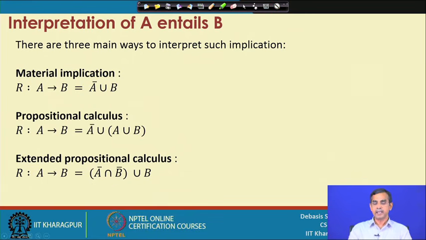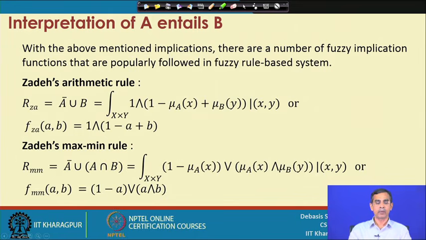Now, A-entails-B needs some more discussion about how these forms work for us. I will go one by one and discuss each of them. The first rule is called the Zadeh arithmetic rule that we have discussed, a material implication in fact. So, this Zadeh implication is basically the material implication.